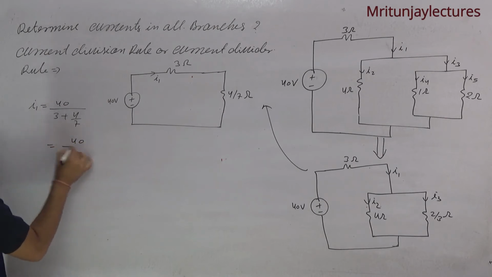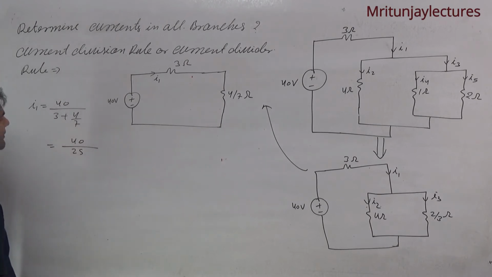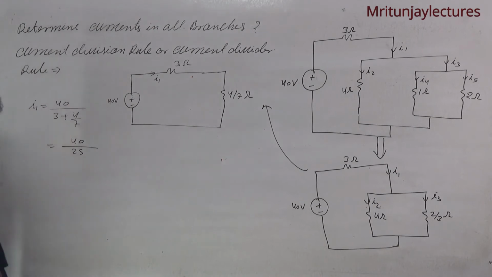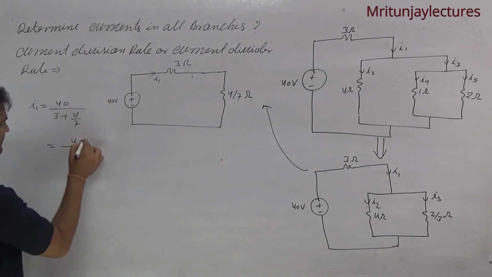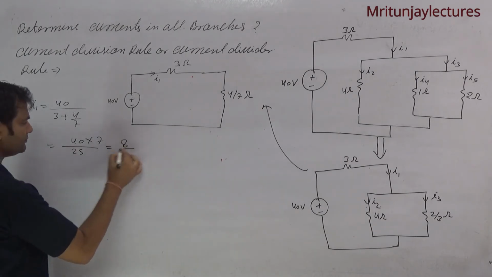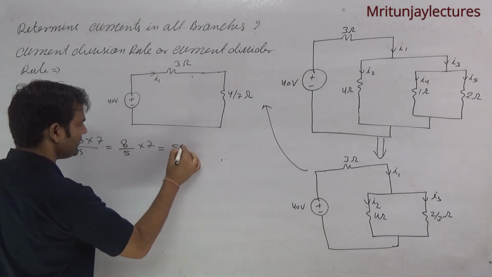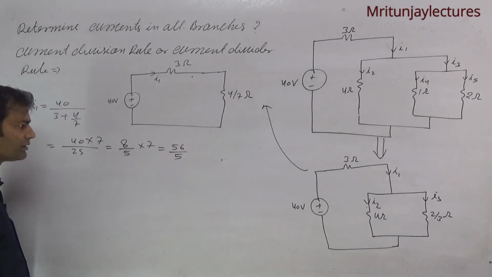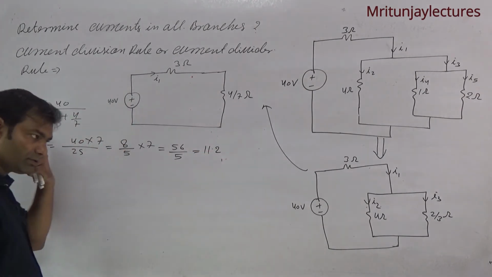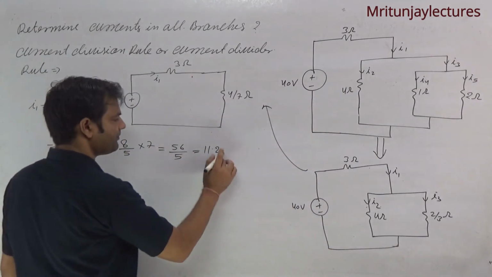It is written as 4 by 7, 21 plus 4, that is 25 into 7. 56 by 5. Clear? So it is written as 11.2. Okay, that is 11.2 ampere.